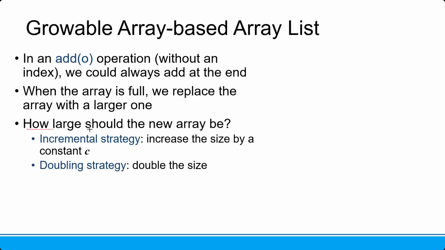So there's a question: how large should the new array be? Should we add by 1, or we call it the incremental strategy? So increase the size by a constant c. For example, let's say c equals 1. Then every time you have a new element, you will add 1.